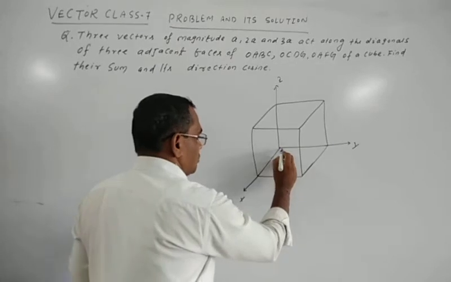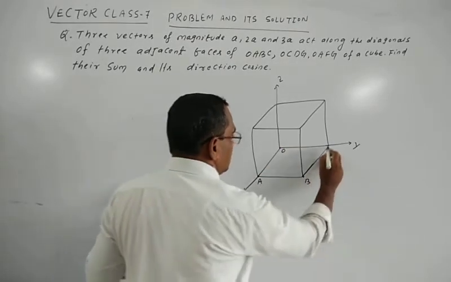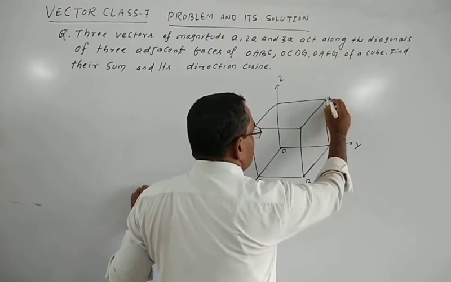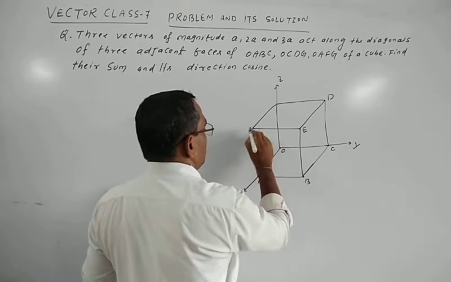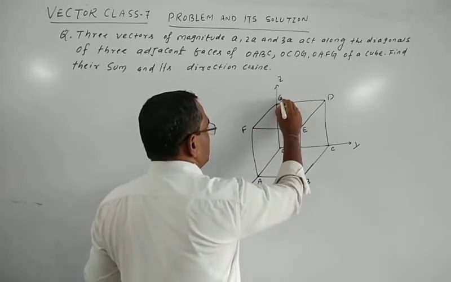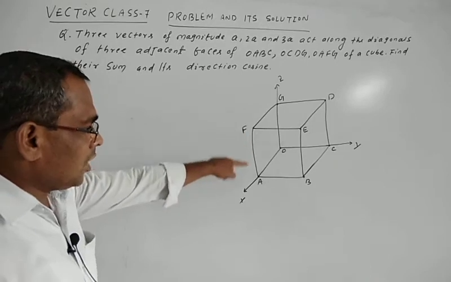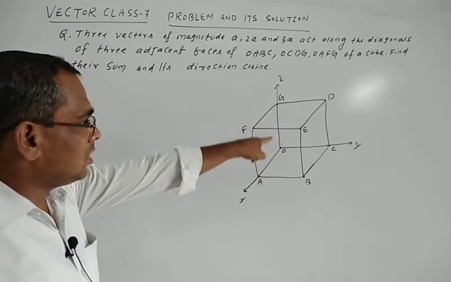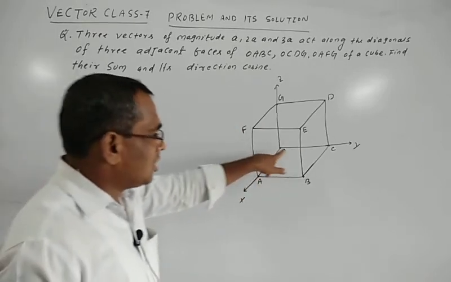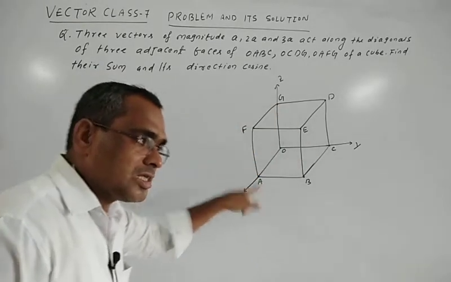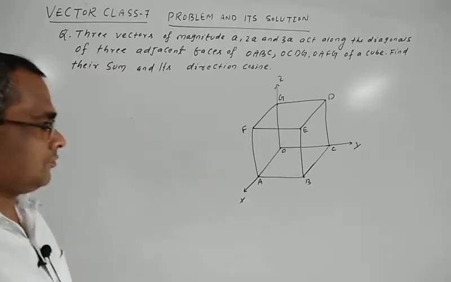So this point is O, this one is A, this one is B, this is C, this is D, and this one is E. This one is F, and this one is G. So clearly OABCDEFG is a cube. Now three edges are taken as coordinate axes, each side of length 1 unit.